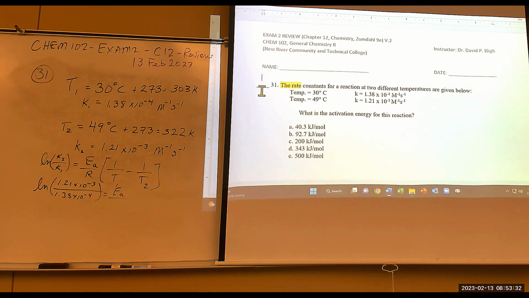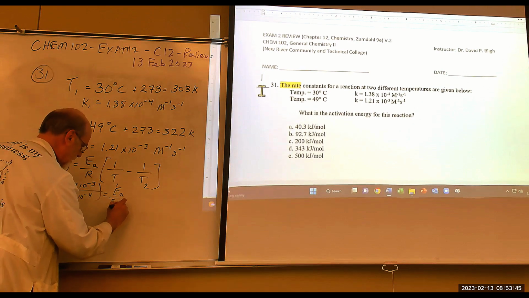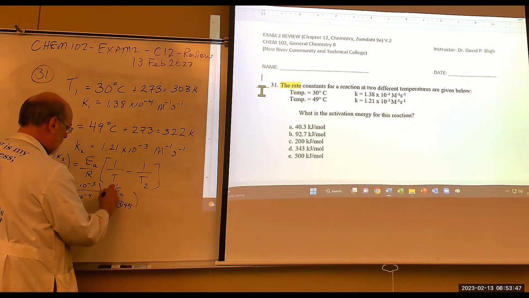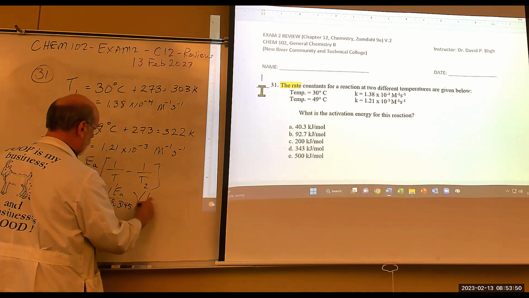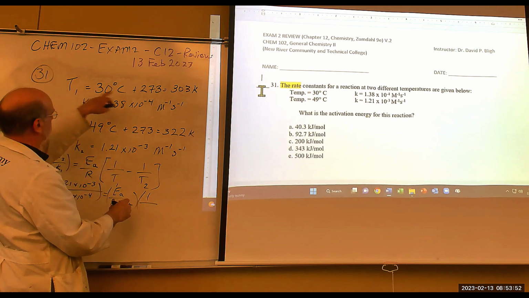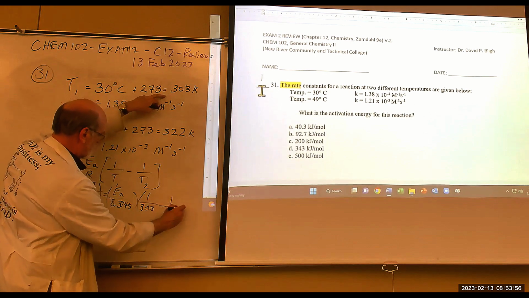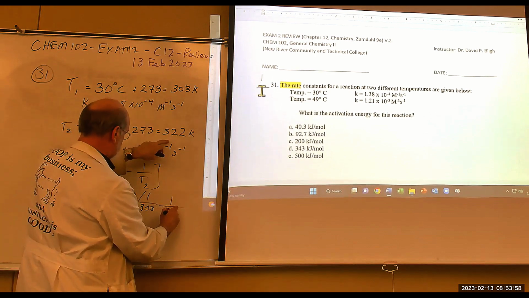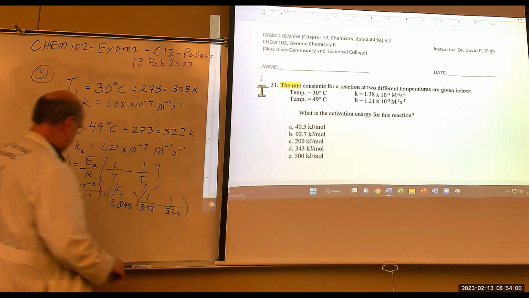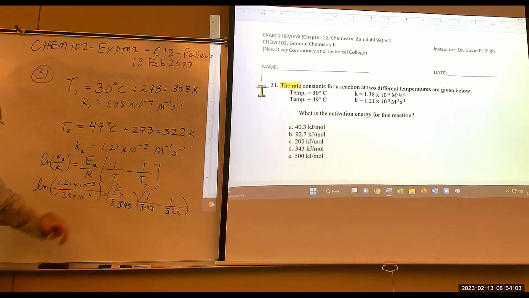We need the one with energy units. Yeah, 8.3145. And then this one is times 1 over T1, 303, minus 1 over T2, 322. So now all we have to do is solve for E sub A.